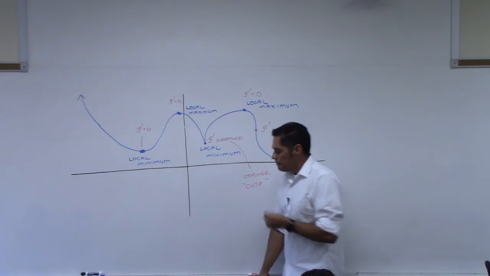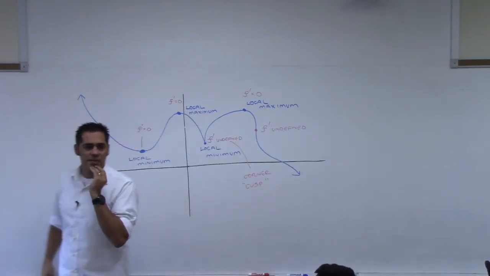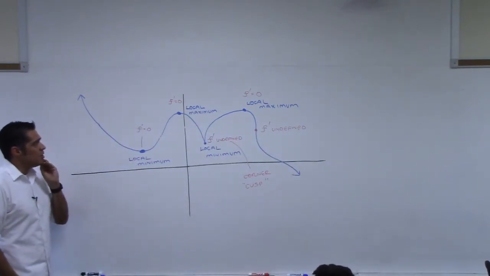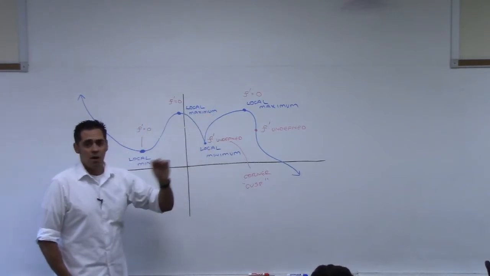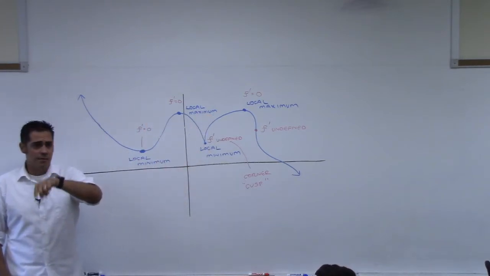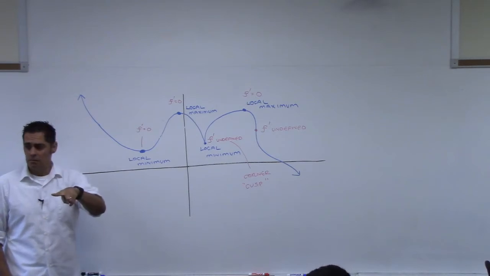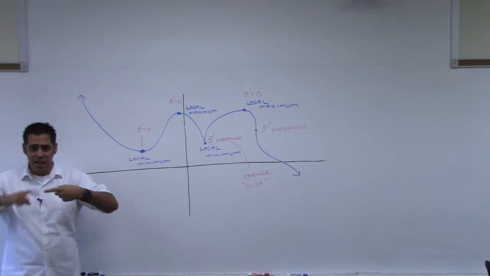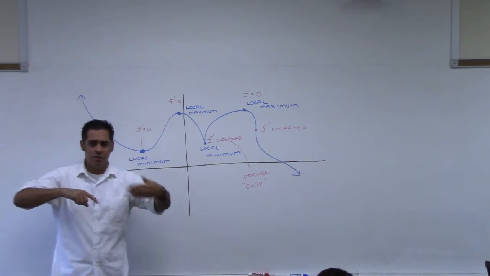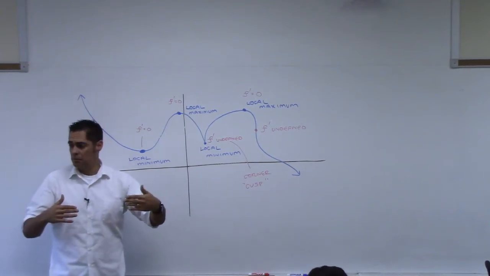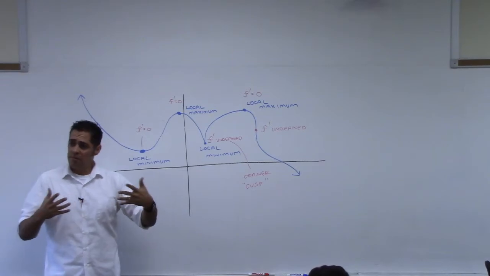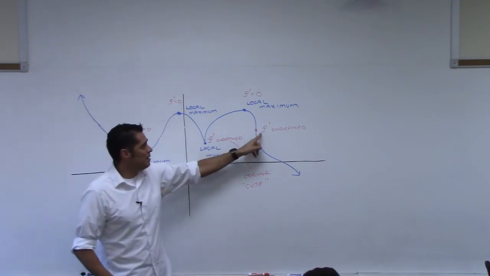So how can we summarize what's going on here? Would you agree that the points where we have maximums and minimums are either going to be where we have a derivative of 0 or undefined? It looks like there's a connection between if the derivative is 0 or undefined, we might have a maximum or minimum there. Maybe? Now, this is undefined, right?